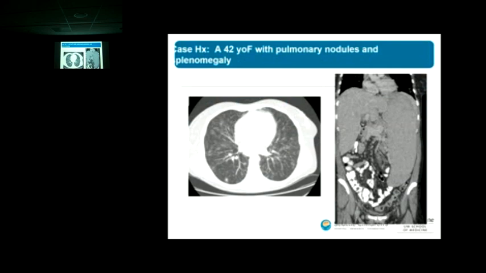What you can see is she's got some pulmonary nodules and almost like a reticular pattern here and here. And this is the spleen, which was impressively massive. And she also has hepatomegaly. So the diagnosis is? So she has common variable immunodeficiency.